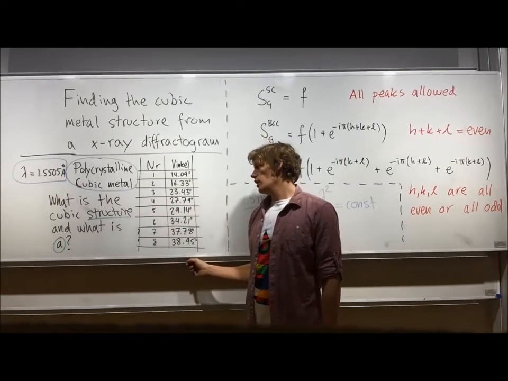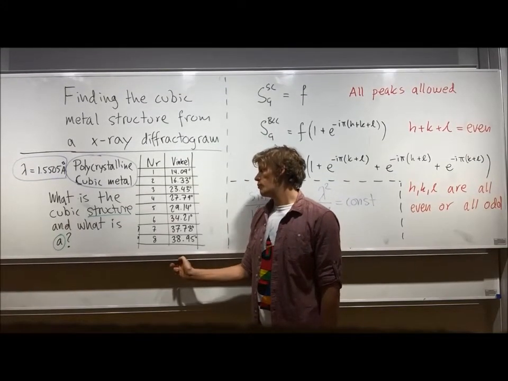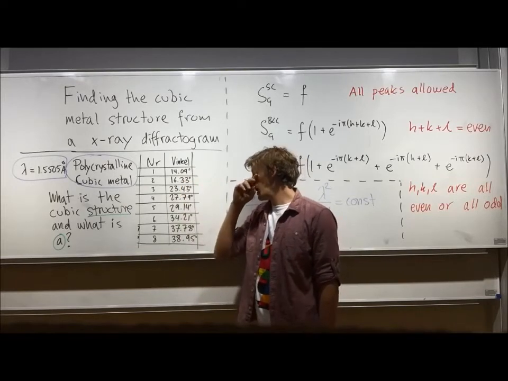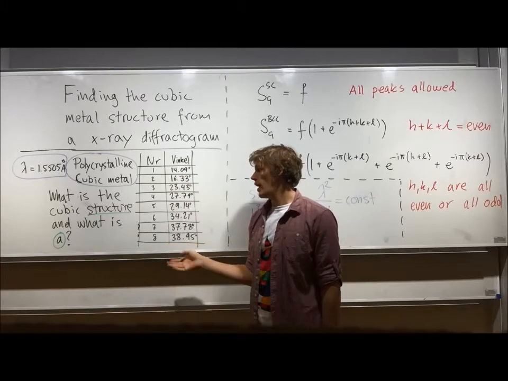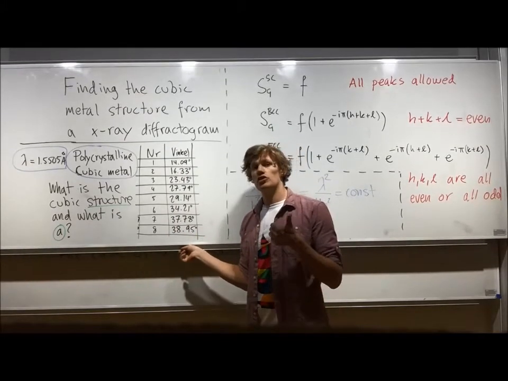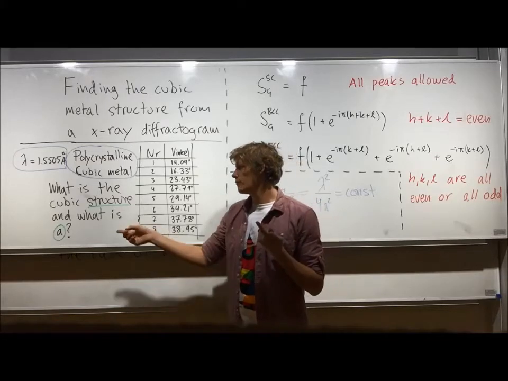In a diffractogram, what you basically get is a set of peaks at certain angles, and we're going to use this to find partly the structure of the crystal, but also the lattice parameter A.